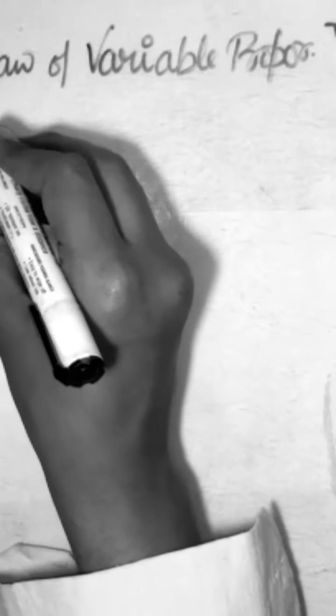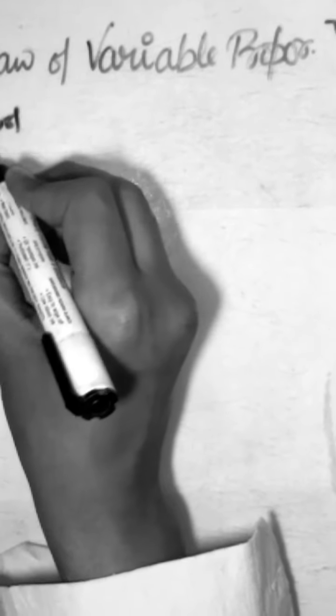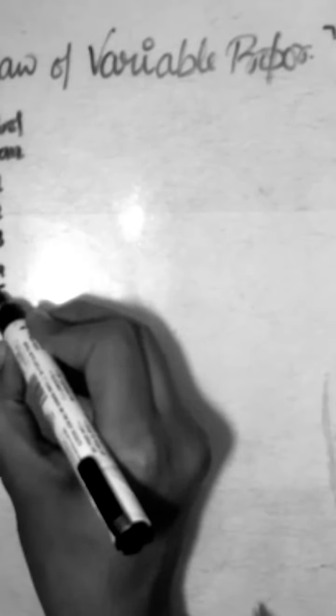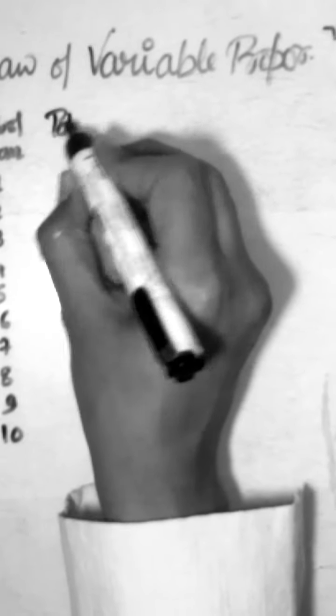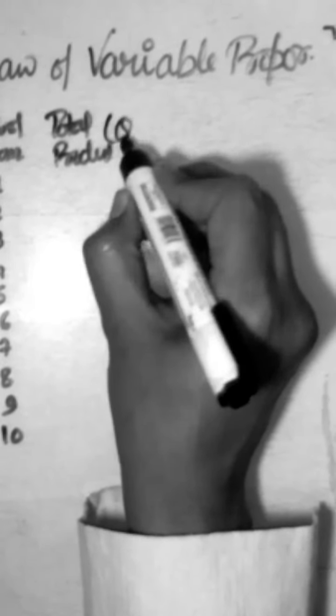So first, take units of labor. It's the variable part. So it's 1, 2, 3, 4, 5, 6, 7, 8, 9, 10. And then its total production, means in quantity.